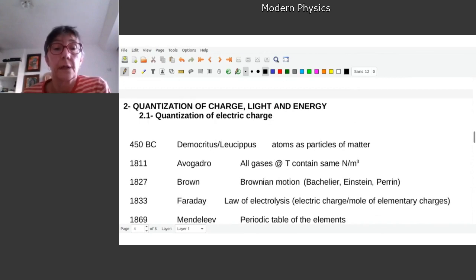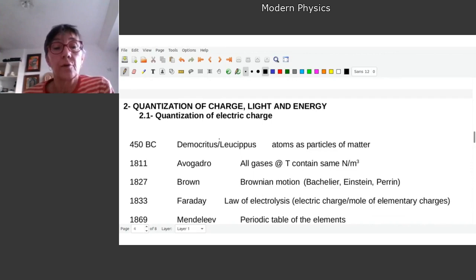We have to say what is modern, what is old, and particularly this topic, the physics of the 20th century.